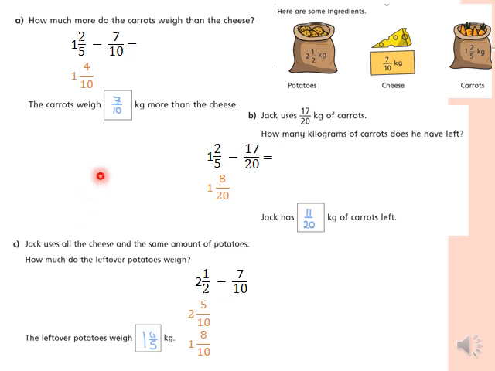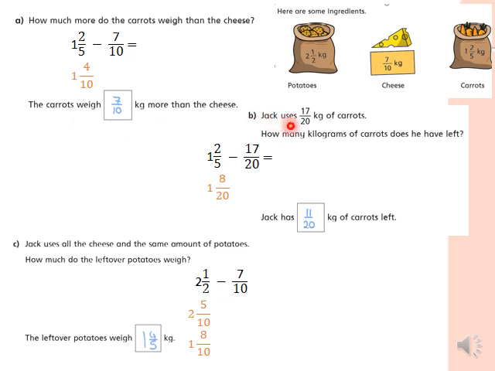Let's have a look. For the first one, how much more do the carrots weigh than the cheese? Well, the carrots weighed 1 2/5, which is the same as 1 4/10. And then we should have taken away 7/10, and that would have left us with the carrots weighing 7/10 more than the cheese.